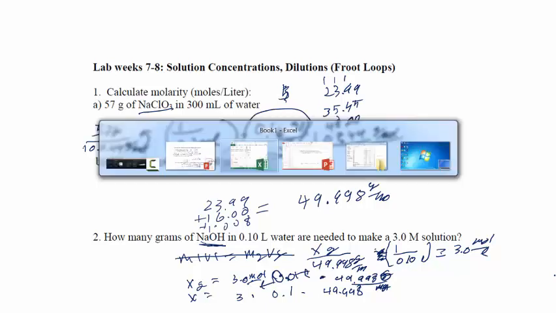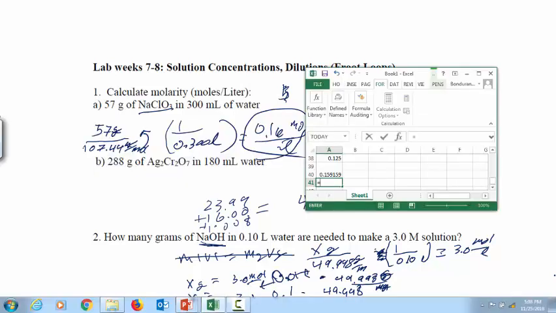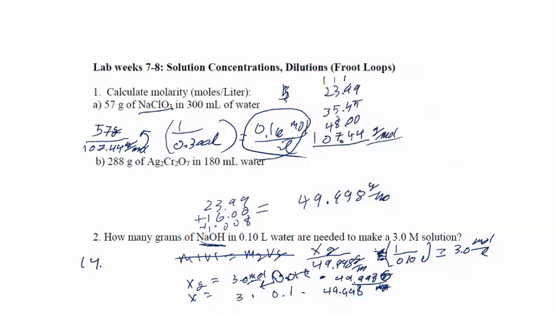Let's see what that is. Oh, I must have messed up. 0.3 times 49.998. That's better, 14.994 grams, so 15 grams to round it up.